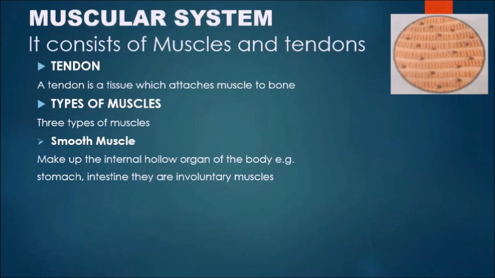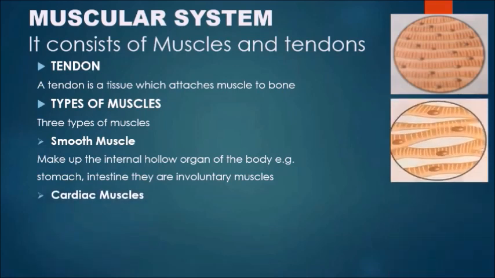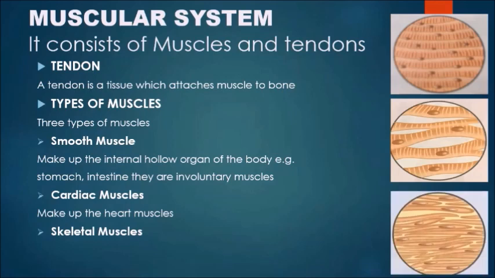Cardiac muscles. The second diagram is of cardiac muscle. Cardiac muscles make up the heart muscles. Skeletal muscle. The third diagram is of skeletal muscle. Skeletal muscles are joined to the bones by tendons.